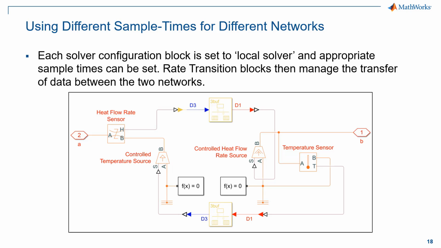We can set different sample times in the solver configuration blocks, and the physical information between the two networks is managed by rate transition blocks. You see here in this particular example, the left side is sampling at D3 and the right side is sampling at D1. For this example, it's not important which is faster than the other. The point is that we can manage the exchange of information using the rate transition blocks.